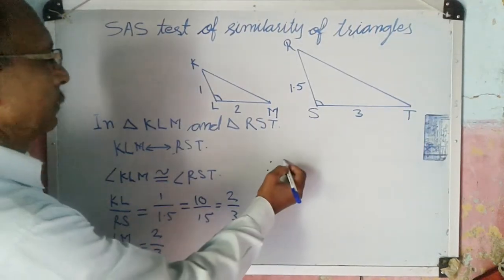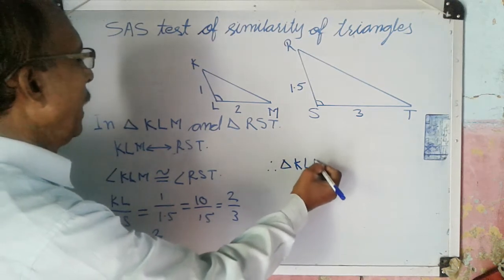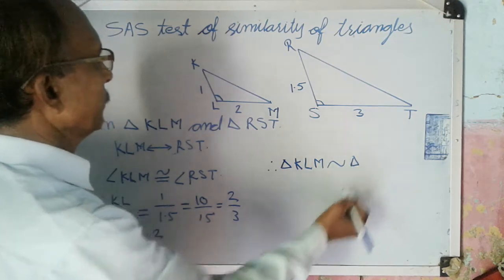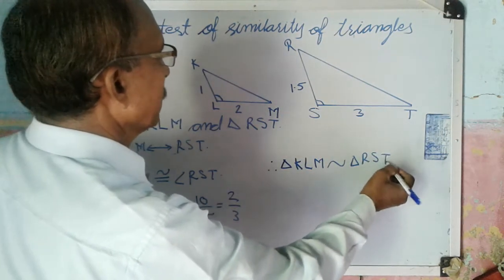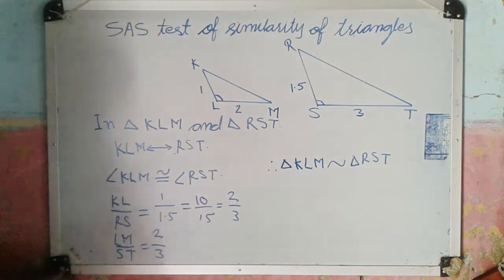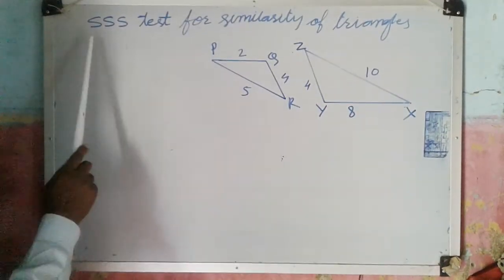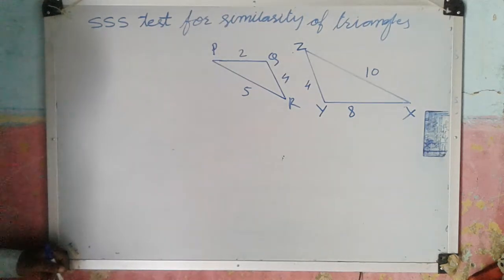Therefore, triangle KLM is similar to triangle RST by the side angle side test.